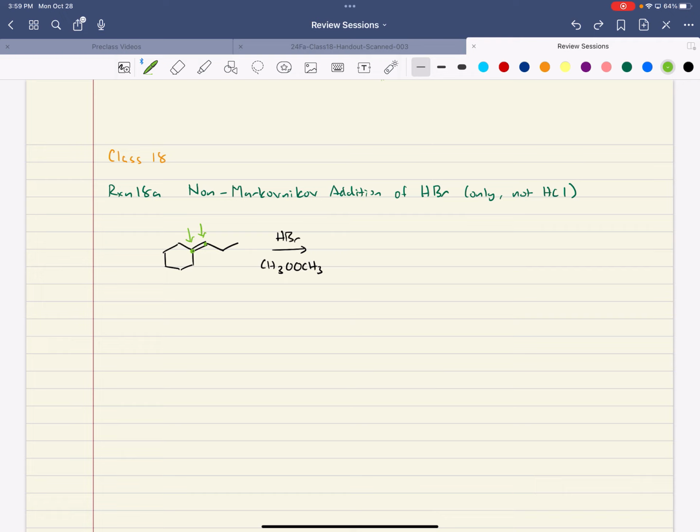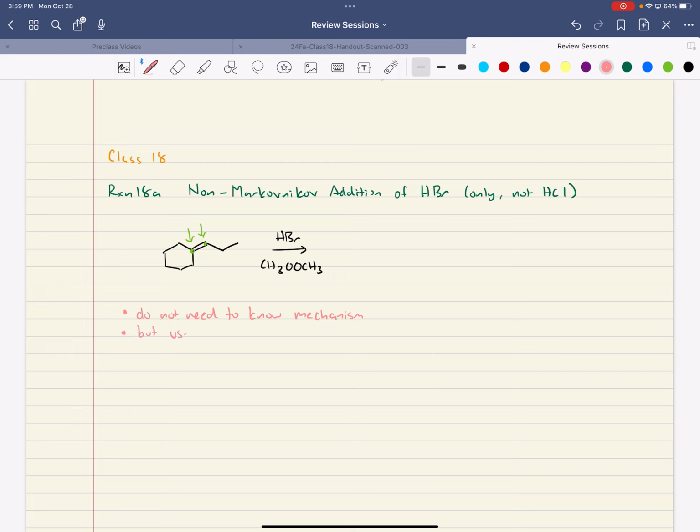But there are a lot of points about this, especially for the stereochemistry. First thing is, you do not need to know the mechanism. But it's very useful to know the intermediate.